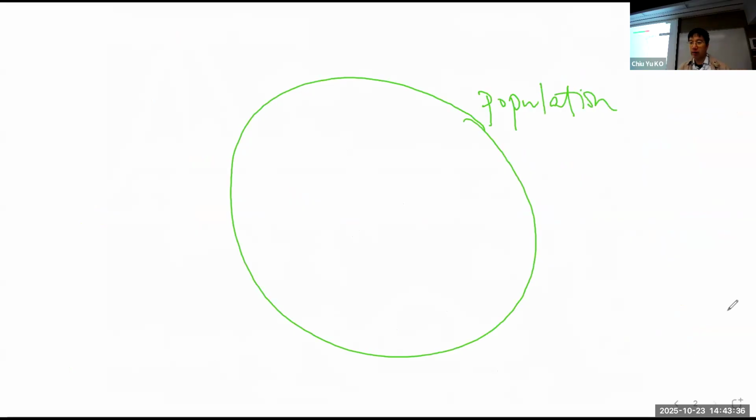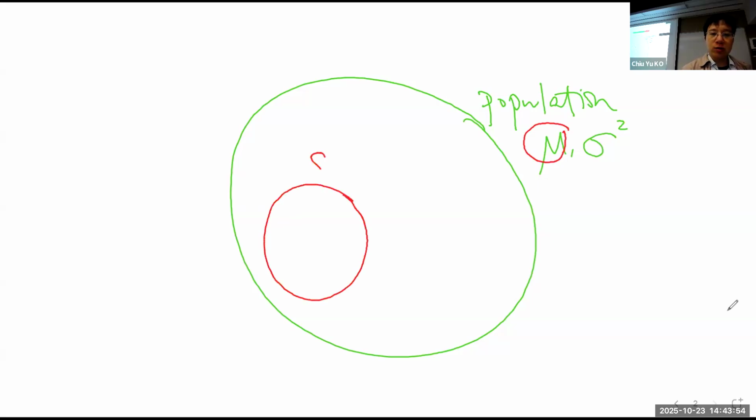We want to know a lot of things about the population. Maybe it's the mean, maybe it's the variance. Very often we don't know this number. If we want to guess this number, what we're going to do is take a sample. From the sample we can calculate X bar and S square.